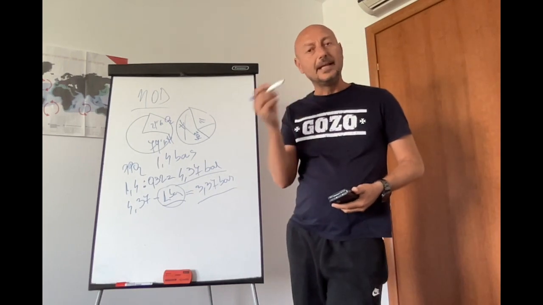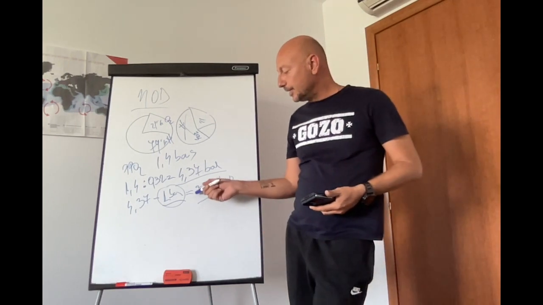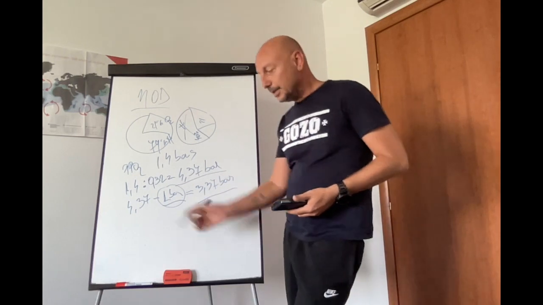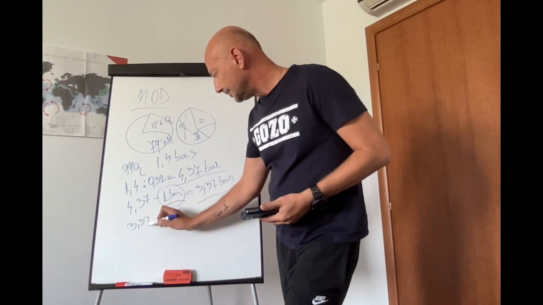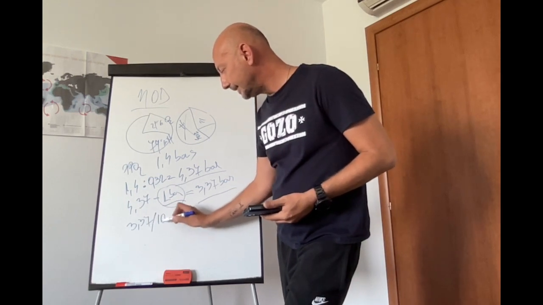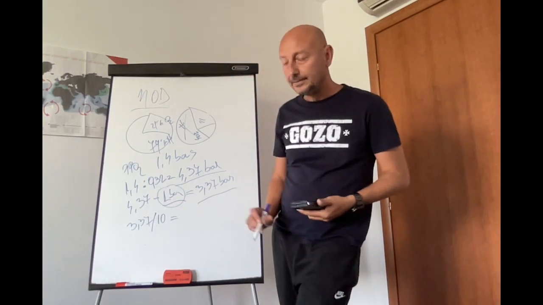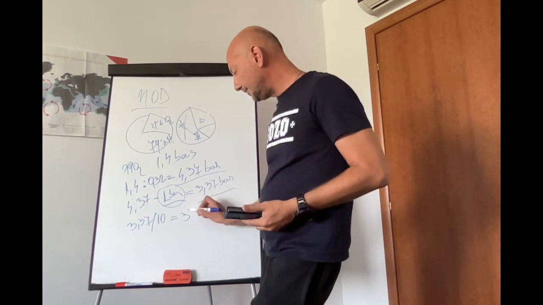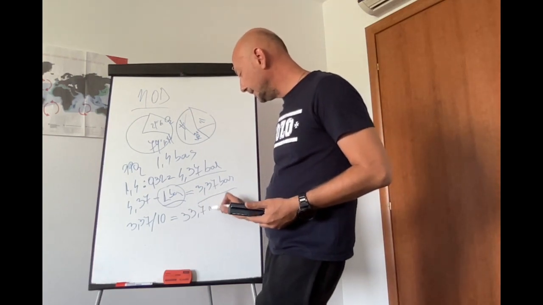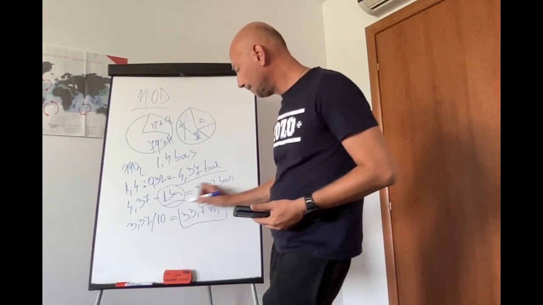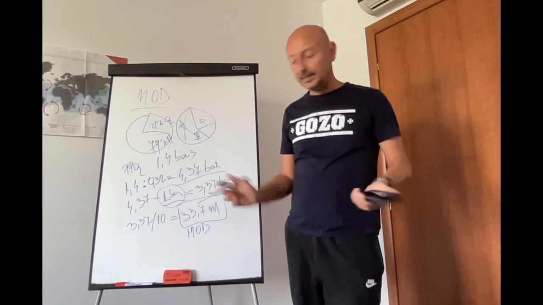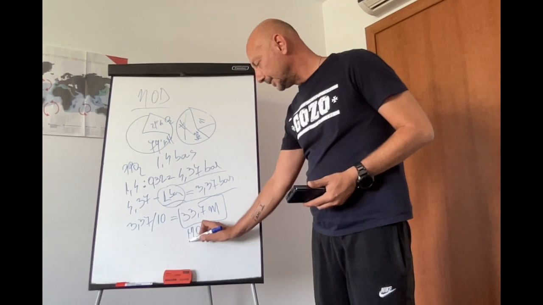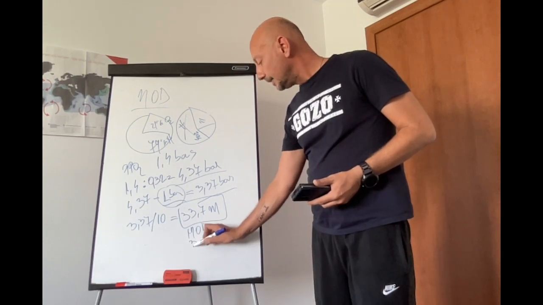At what depth will we have 3.37 bar? It's simple, we multiply 3.37 by 10, then we have 33.7 meters MOD. For what? For nitrox 32.